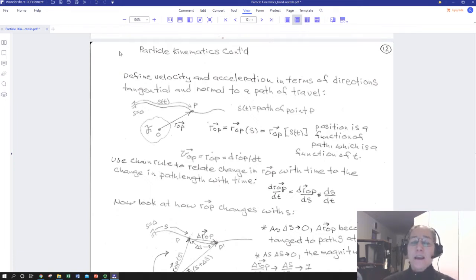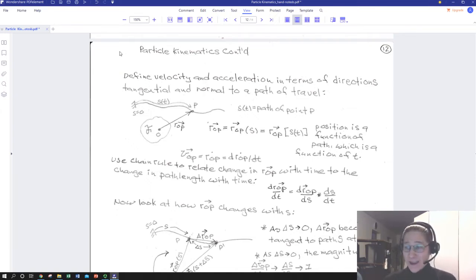And in fact, if we define a path as being a helix or being in a circle and constrain something to move in that such that we weren't changing radius and we were forcing something to move in a certain way in the z direction, we would find that our full expression for cylindrical coordinates and this normal tangent were the same. What's cool about a normal tangent is you don't have to be on any particular path.